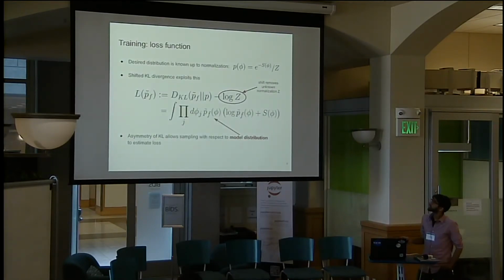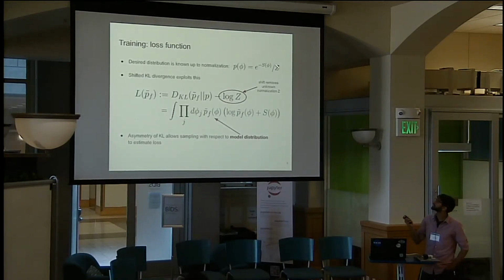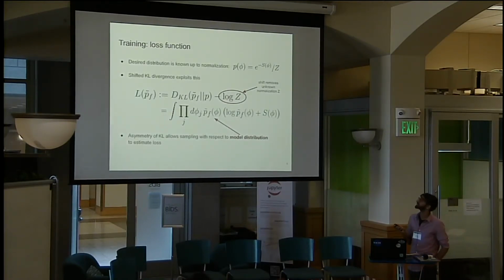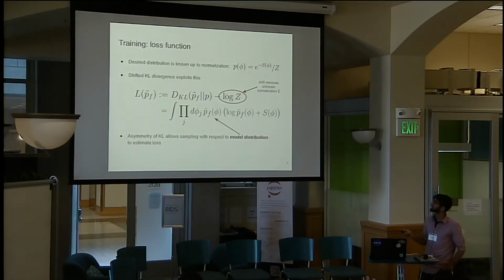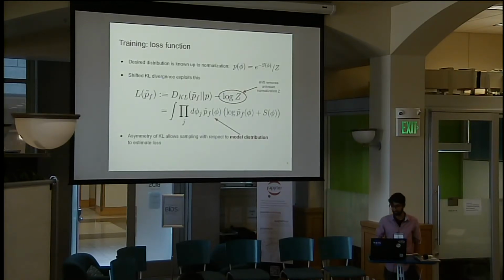For that training, we in particular have chosen a shifted KL divergence, and the reason for this is to make use of our analytically known distribution, which is defined in terms of this S, which, if you recall back to this formula here, defines our density associated with any particular sample, any particular lattice. And we've chosen a KL divergence because, by this asymmetry, we can exploit the fact that this can be estimated in terms of sampling with respect to only the model distribution.